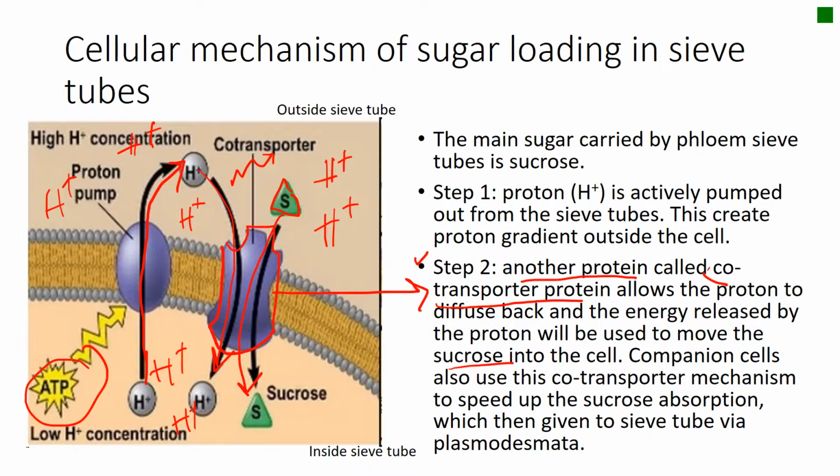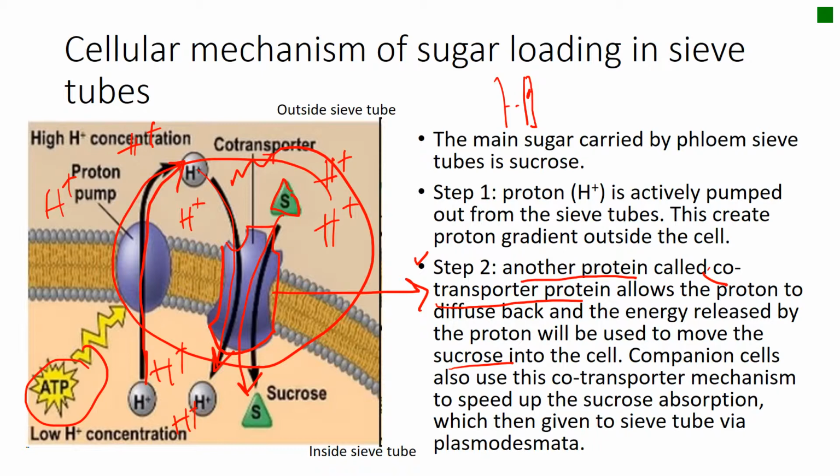Companion cells also use this co-transporter mechanism. Do you still remember companion cells? Yes, companion cells are the cells located next to the sieve tube, and they still have a nucleus and ribosomes. Now, to speed up this sucrose uptake, the companion cell also helps the sieve tube to take the sucrose by using this co-transporter mechanism.